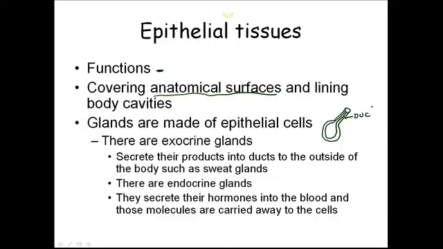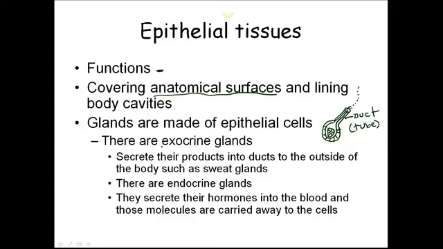A duct is a tube. These are cells, and in here we have more cells. These are all epithelial cells, and they'll secrete something like sweat or oil or hormones, and then those will be pushed out through this duct as little molecules. So glands are made of epithelial cells, and they're lined with epithelial cells.